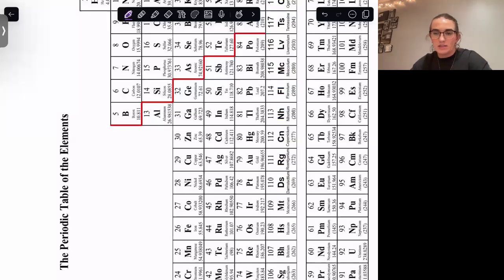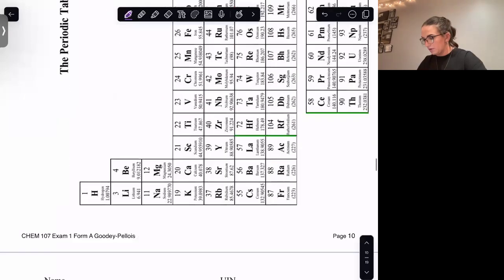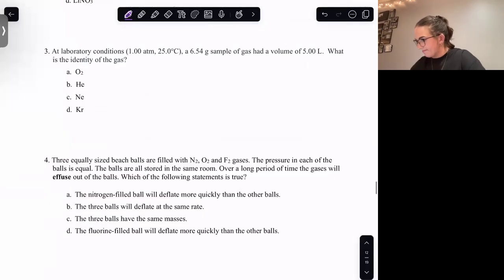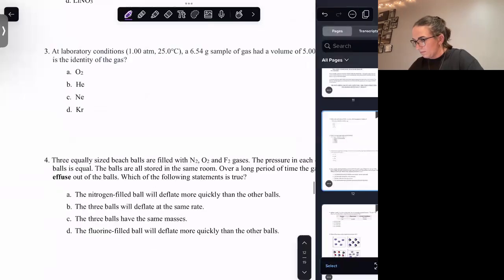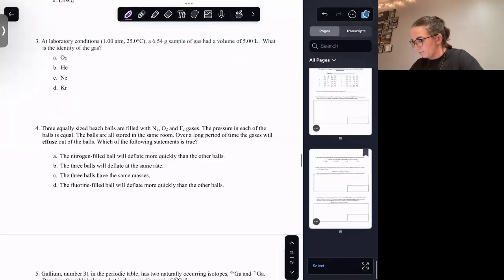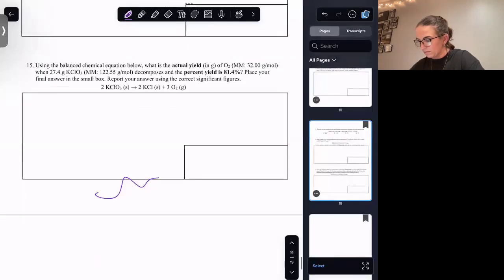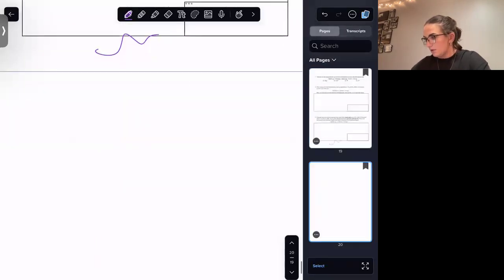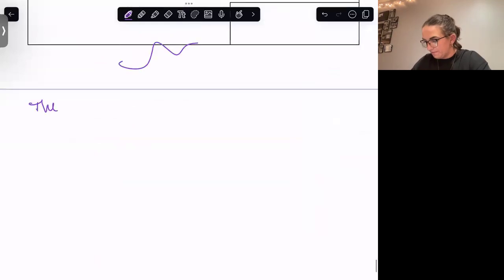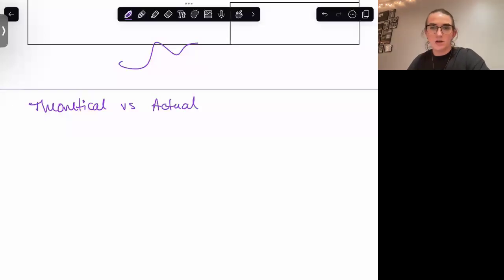Okay, and then someone is asking for theoretical and actual yield, so we can do that first. When we talk about theoretical versus actual, just make sure that you know the difference.